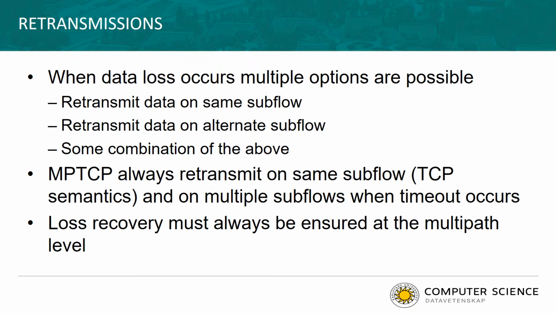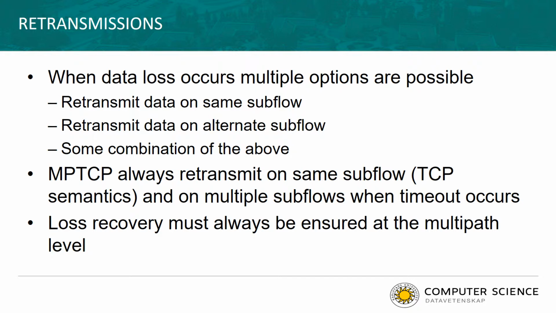However, MPTCP also may retransmit a packet on an alternate subflow. And the way MPTCP decides is that if a timeout occurs, then it will retransmit the segment also on an alternate subflow. So on multiple subflows in this case, both on the original subflow and on an additional subflow that it has available.